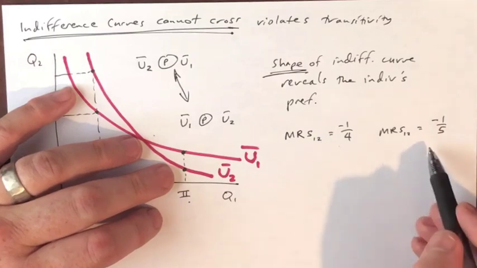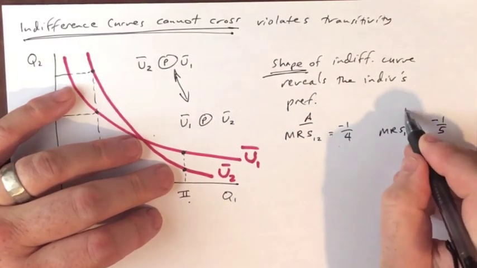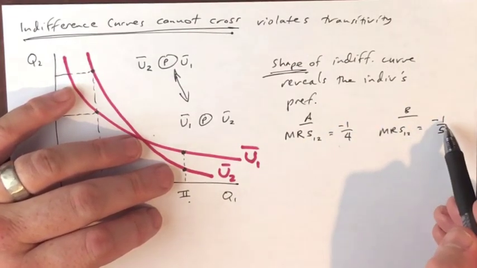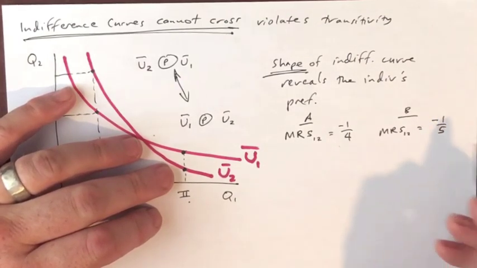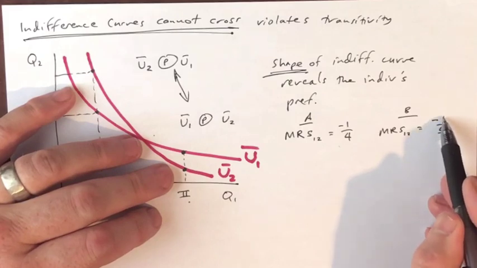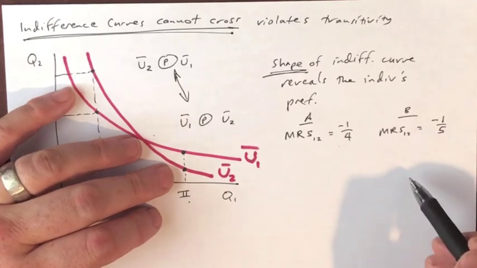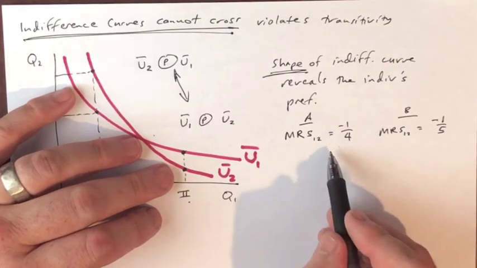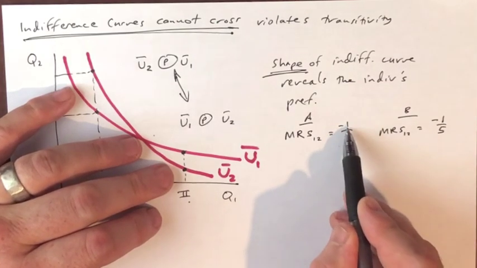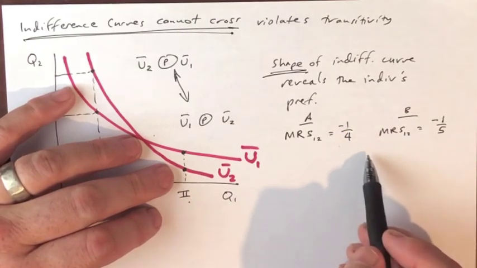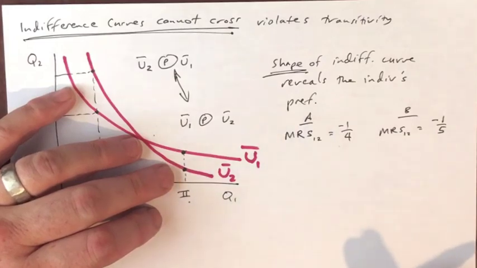Like for this other individual, so let's say this is individual A, this is individual B. Okay, so for person B over here, they're saying, listen, if you're going to take one of my pieces of candy away, you're going to have to give me 5 pieces of popcorn for me to be indifferent between the two of them, okay? Versus this person is saying, for you to take away one of my pieces of candy, you're going to have to give me 4 pieces of popcorn. See how that's a difference? That's a measurable difference in their preferences.